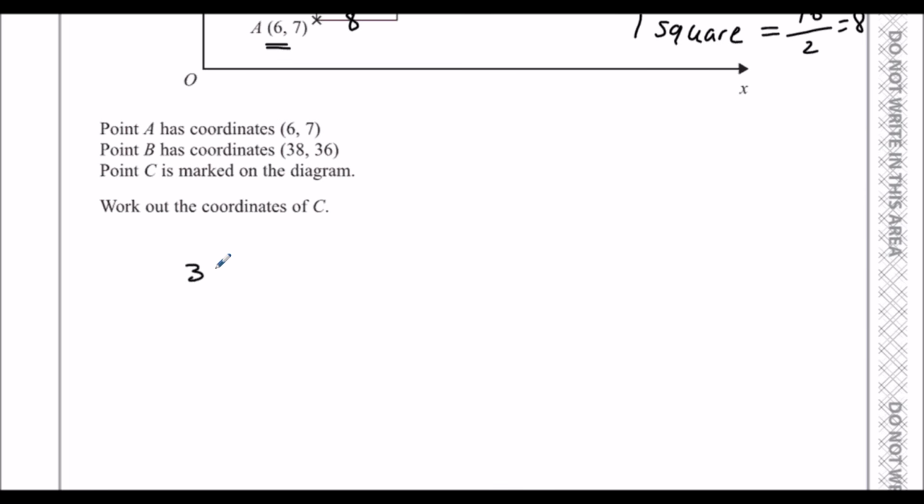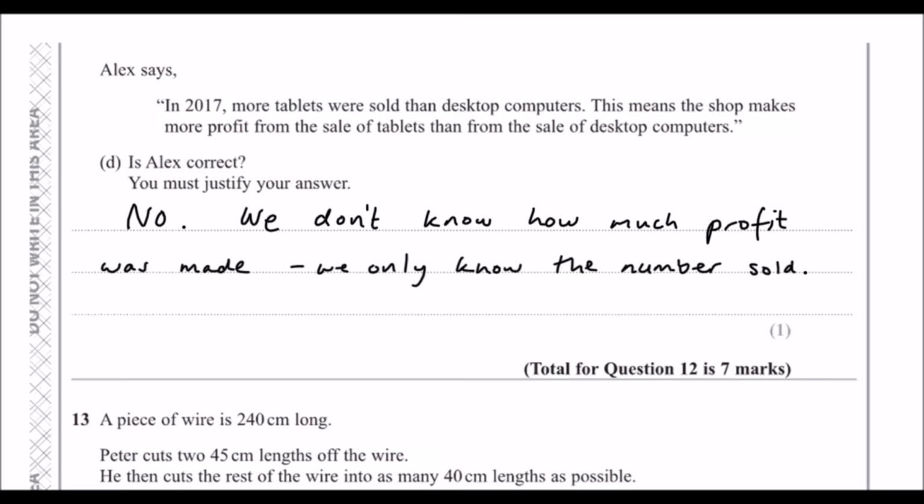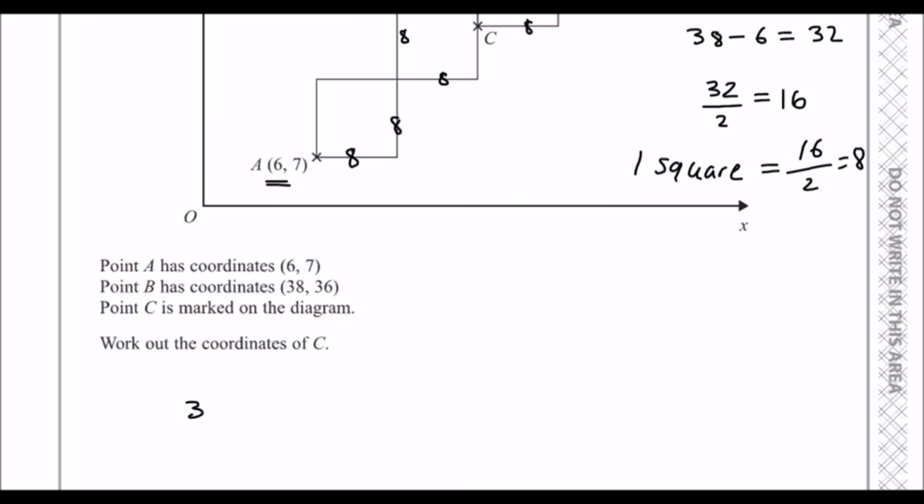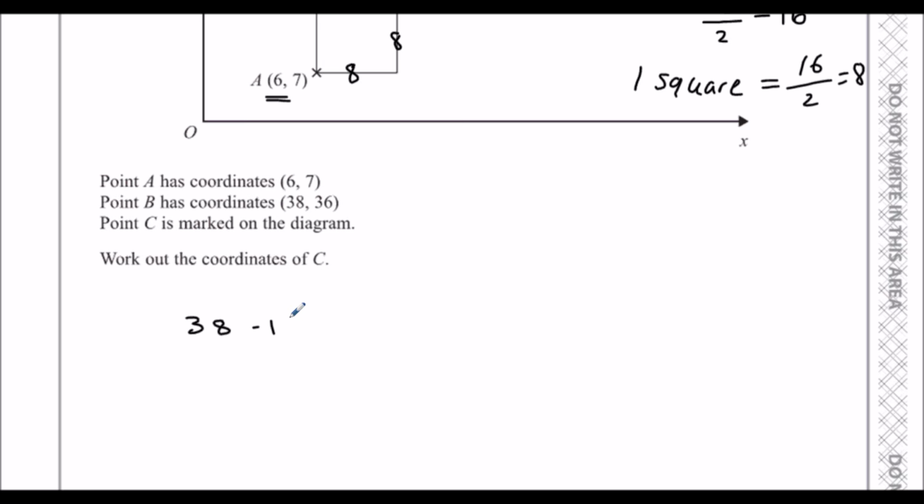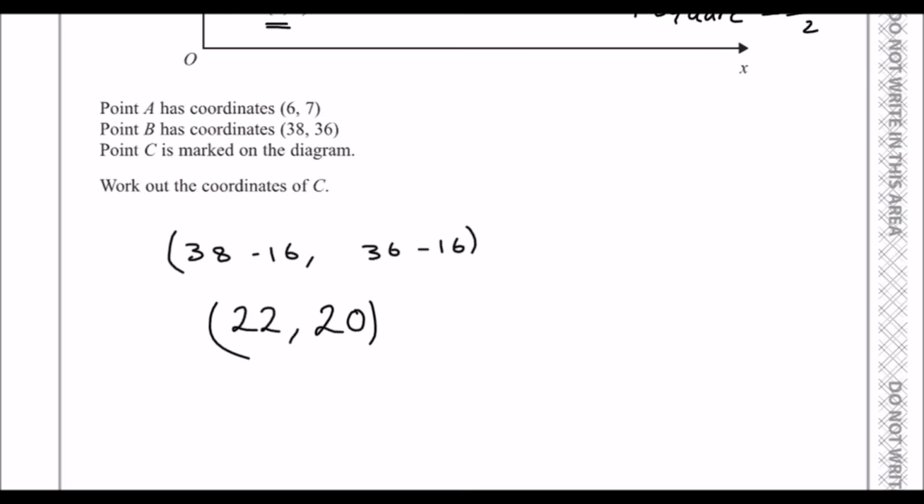So 38 take away 16 and 36 take away 16. 38 take away 16, take away 10 is 28, take away 6 is 22. 36 take away 16, take away 10 is 26, take away 6 is 20. So we're at 22, 20.